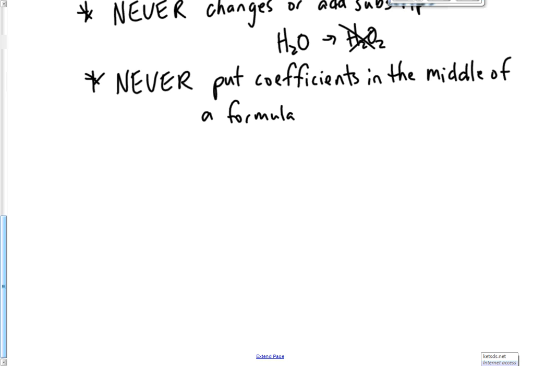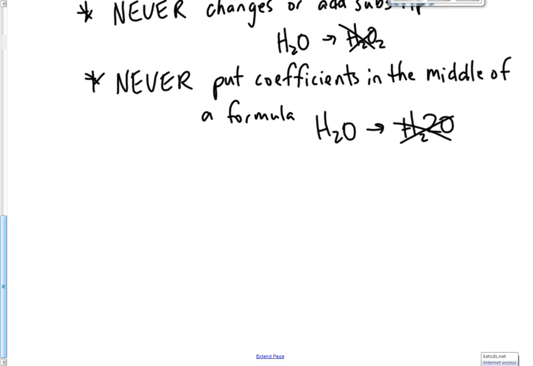Okay, so again, if you needed to change water to H2O, okay, to get a second oxygen, coefficients have to be put in front of the formula because they count for the entire formula. Okay, so again, you don't want to do that.